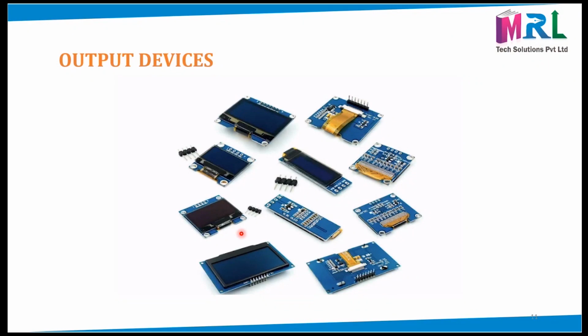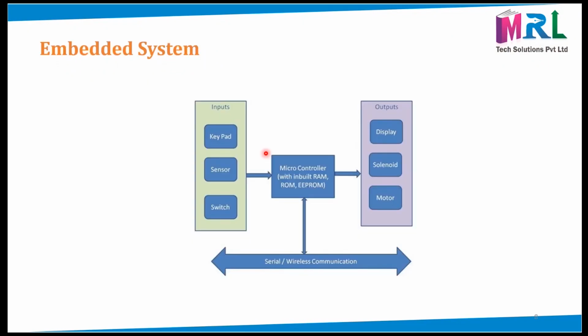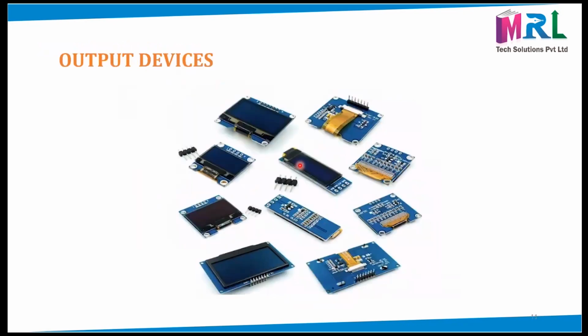In an embedded system, we need to know we have the end devices, that is sensors and output devices, and another important device is the microcontroller or microprocessor. That is the main thing which is used to process the sensor data. Based on that only, it will trigger or enable the output device, right? So we have to choose our microcontroller or microprocessor based on the requirement.